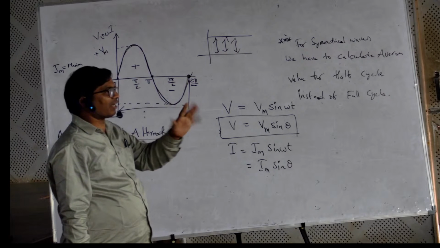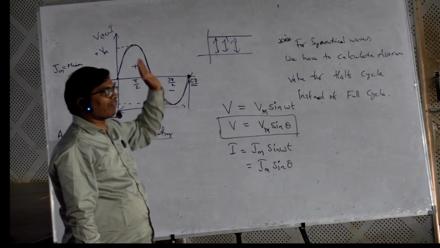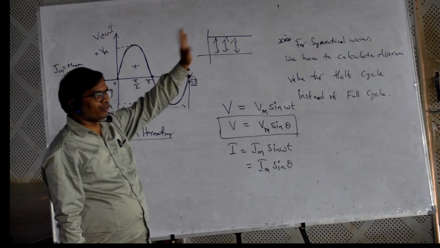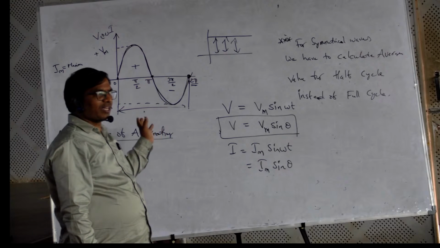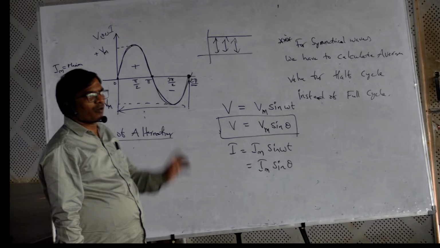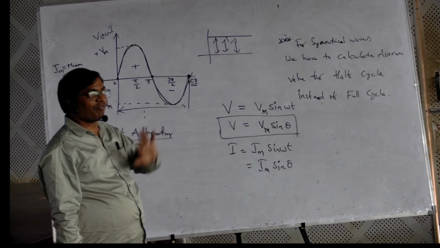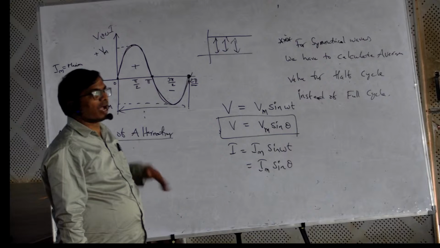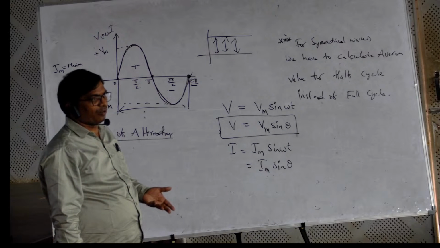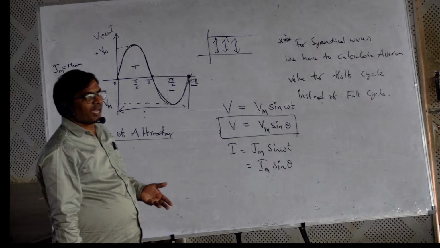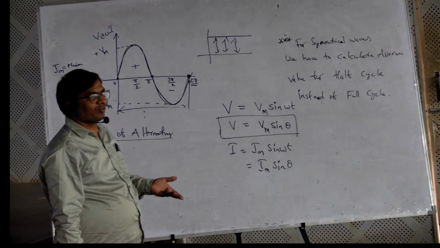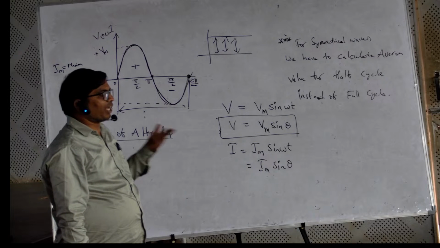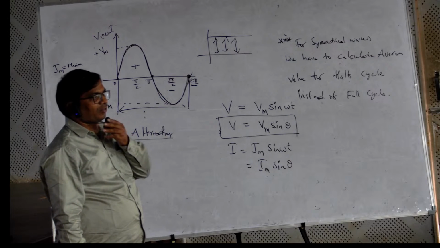For DC we do not have this many parameters, only one value, a 10 volt source. Whereas AC does not have only one value. We have maximum value, instantaneous value, average value, RMS value, peak factor, and form factor.